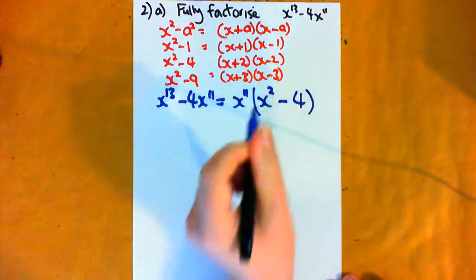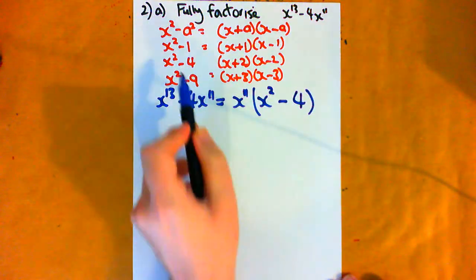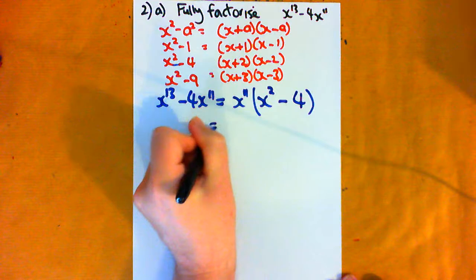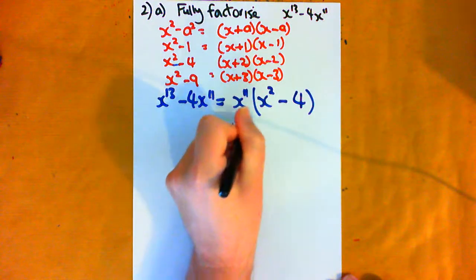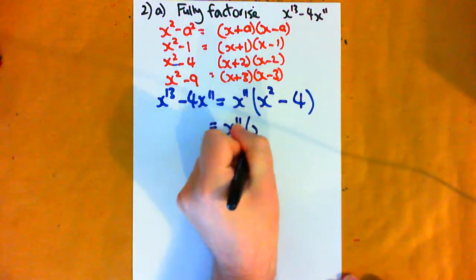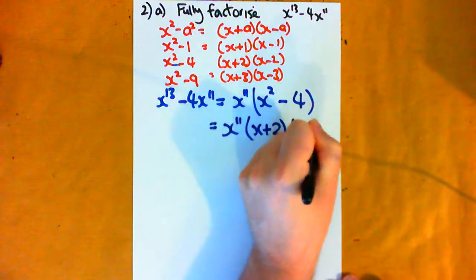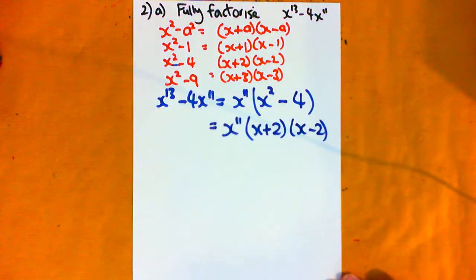That's 4. And we can see from this line that x squared minus 4 factorises further. So we've got x to the 11 times x plus 2 times x minus 2. Okay, so that's part A of the question.